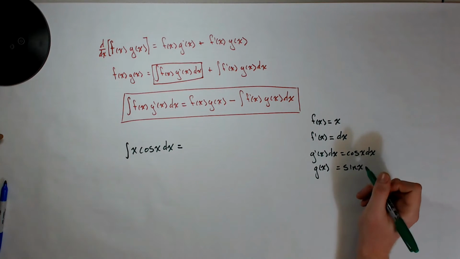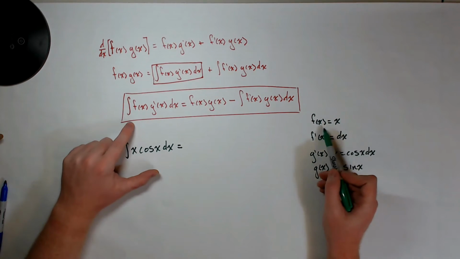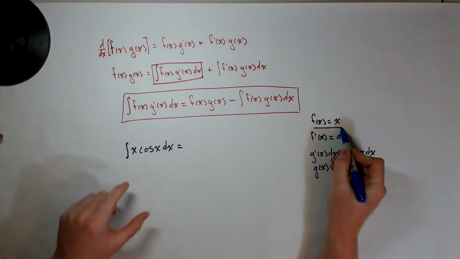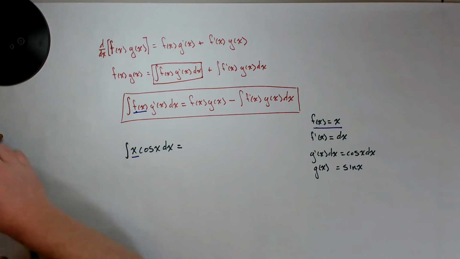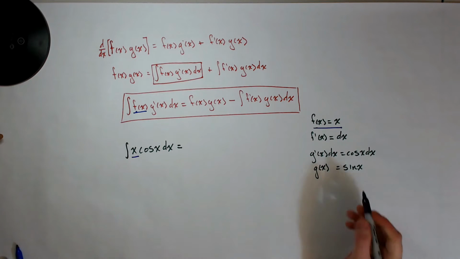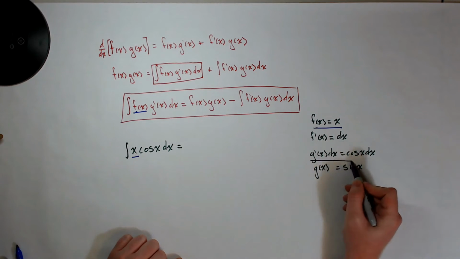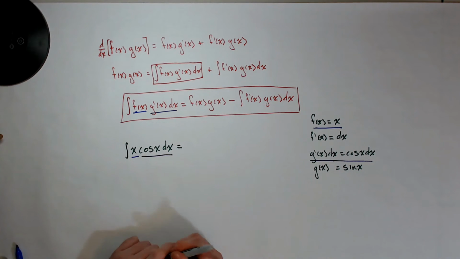Now, plugging everything back in, we have f of x equals x, and g prime of x dx was cosine x dx. So now we have representations for the left-hand side of the equation.